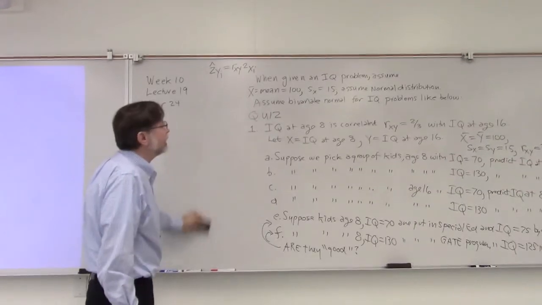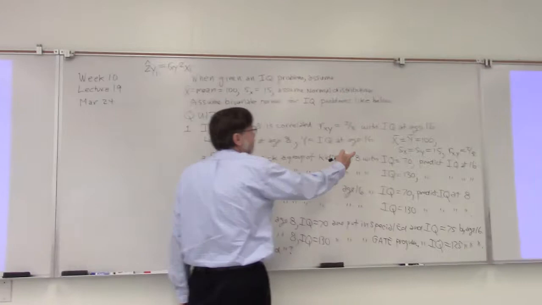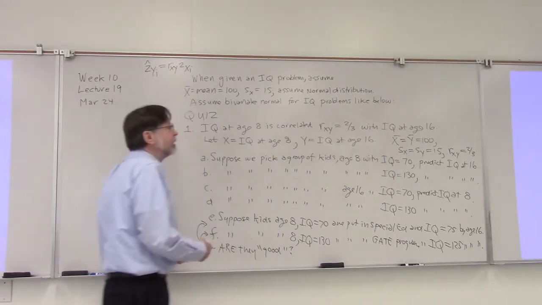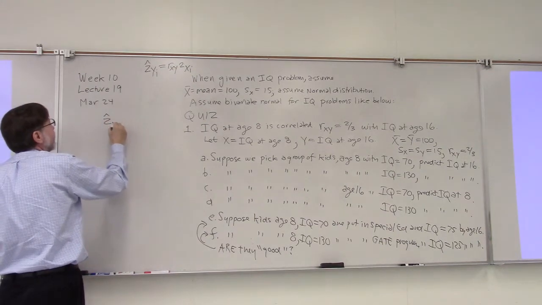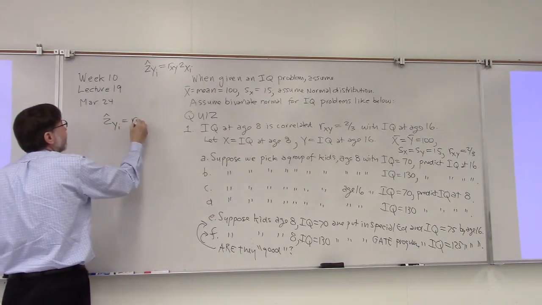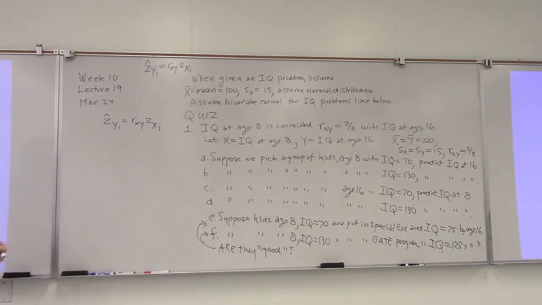The equation we need: we're going to predict IQ at age 16 from IQ at age 8 with a correlation of 2/3. So the equation is z hat y_i equals r_xy times z sub x_i. And we're given all the values so we can plug in.